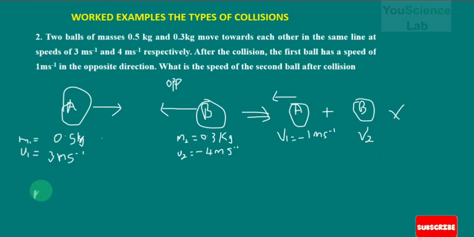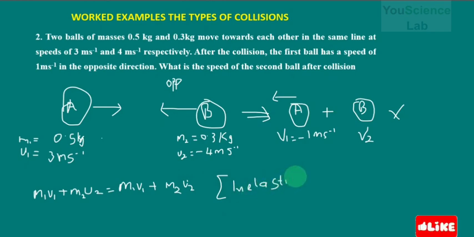So from the principle of conservation of momentum, we know that m1 u1 plus m2 u2 is equal to m1 v1 plus m2 v2. I'm using this because it is an inelastic collision. They didn't stick together, that's why they move in opposite directions after collision.